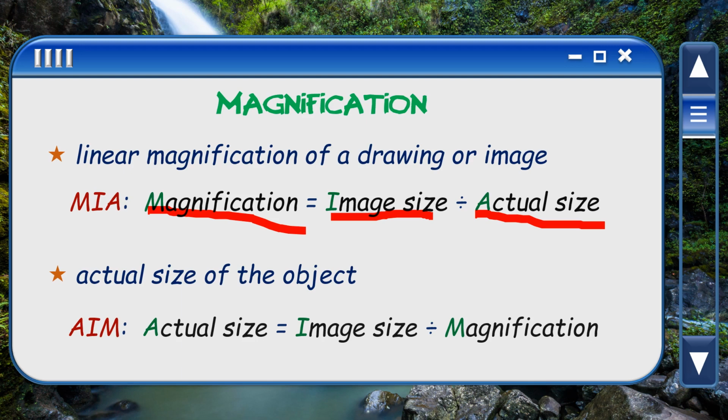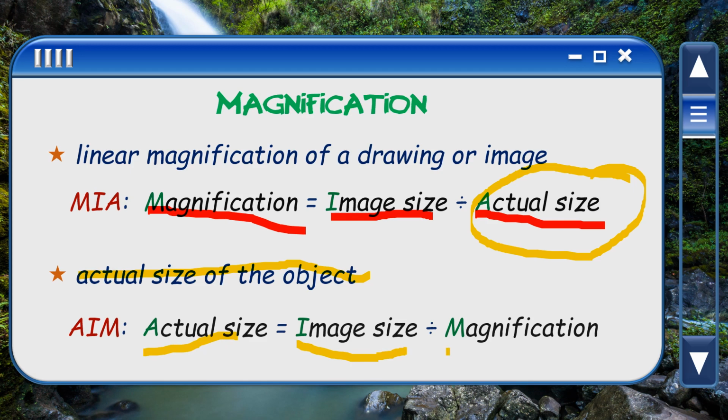Then we have the actual size of the object. If we want to calculate the actual size of the object, we are going to say the actual size is equal to the image size divided by the magnification.